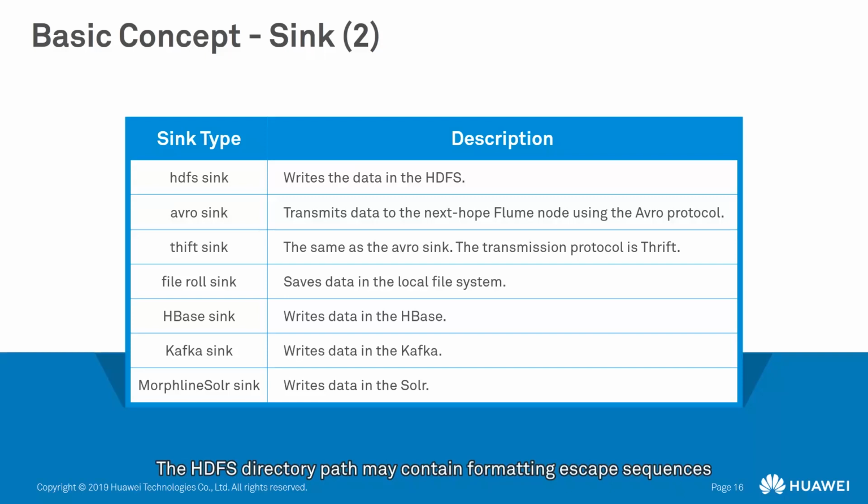The HDFS directory path may contain formatting escape sequences that will be replaced by the HDFS sink to generate a directory or file name to store the events. Using this sink requires Hadoop to be installed so that Flume can use the Hadoop jars to communicate with the HDFS cluster.